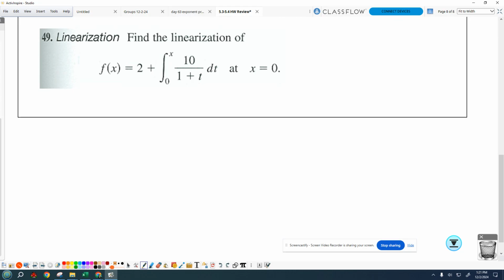Which is just 10 over 1 plus x. You gotta take the derivative and then you do the square. Oh, next, read the next one. 10 over 1 plus x.